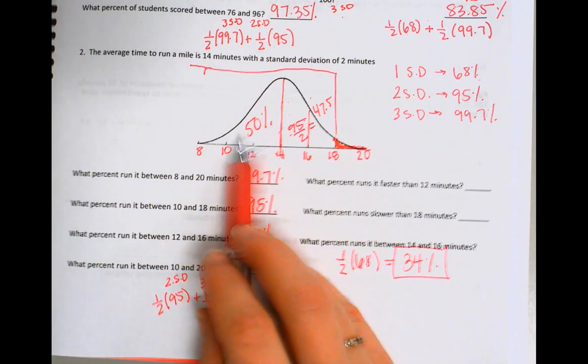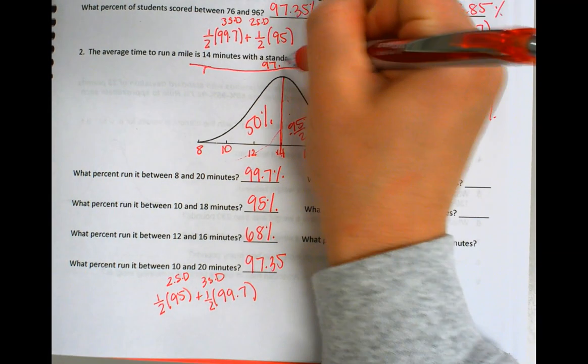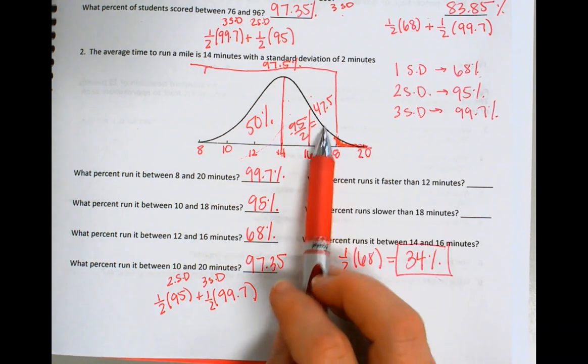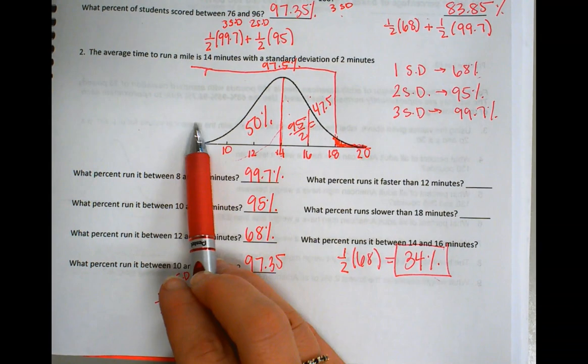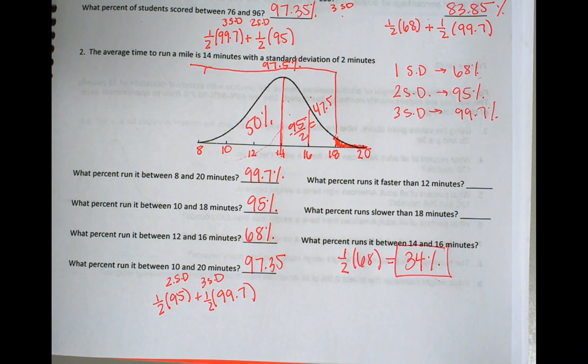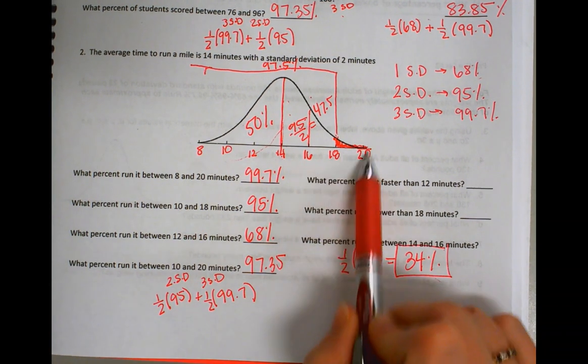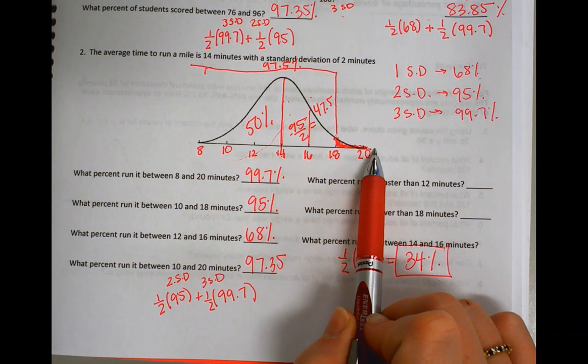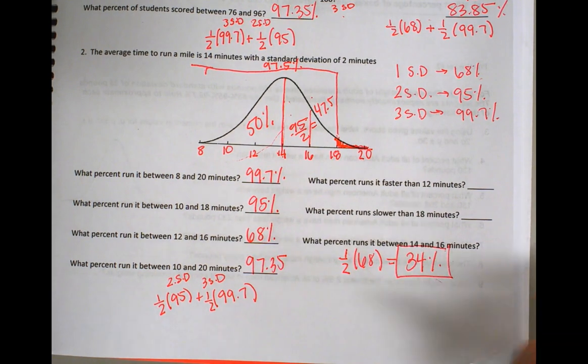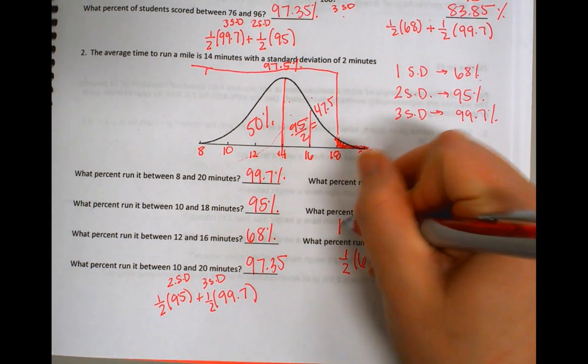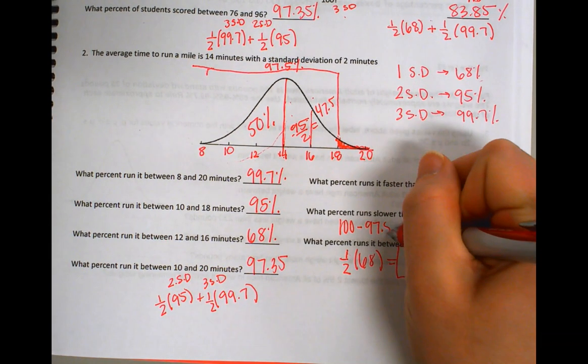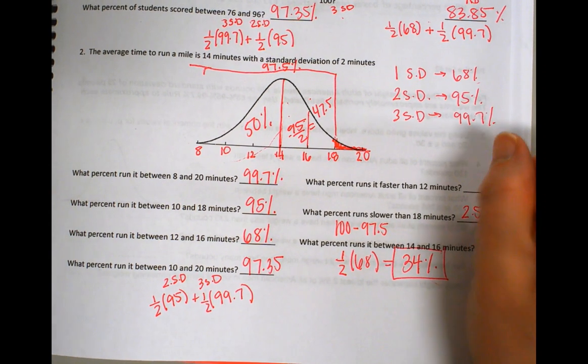So these two added together, that's 97.5% live in this section. All of this makes up 97.5% of the information, which means this little teeny area over here is the rest to add that to 100. So 100 minus 97.5, I end up with 2.5.